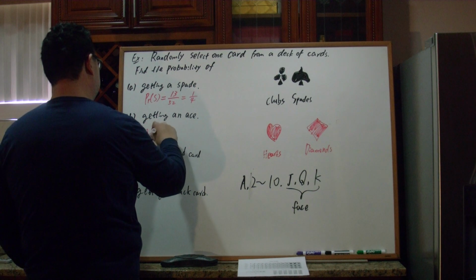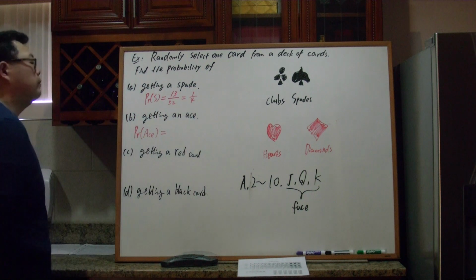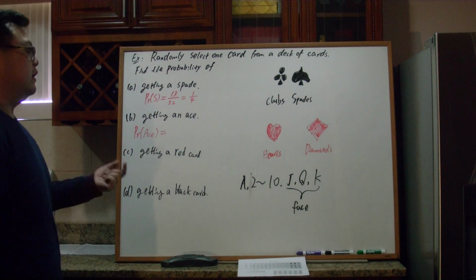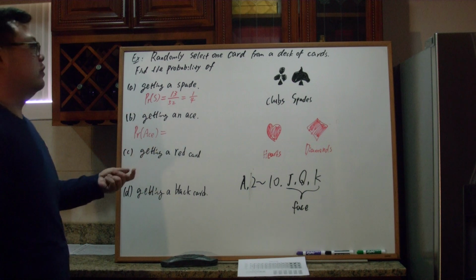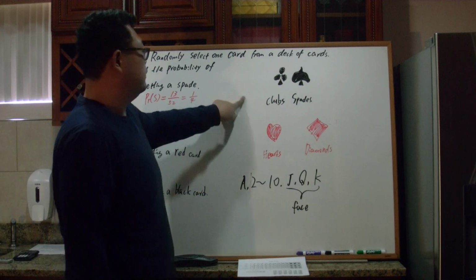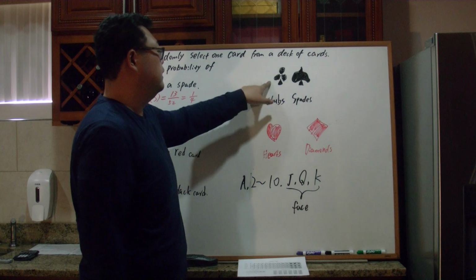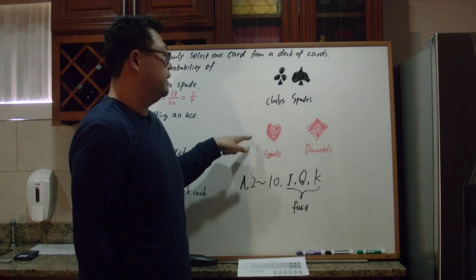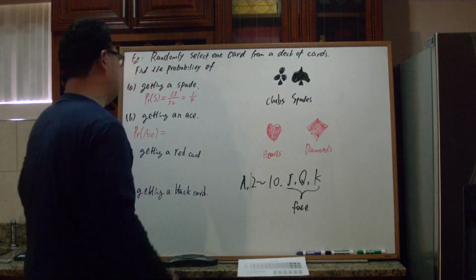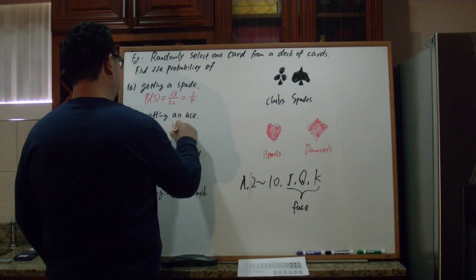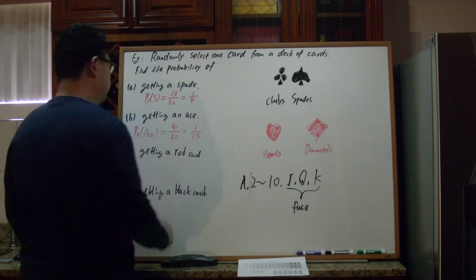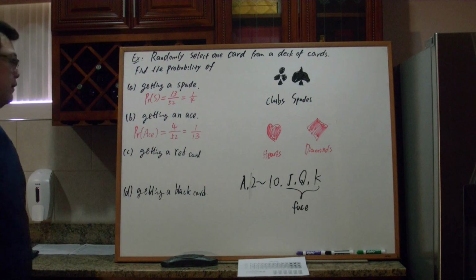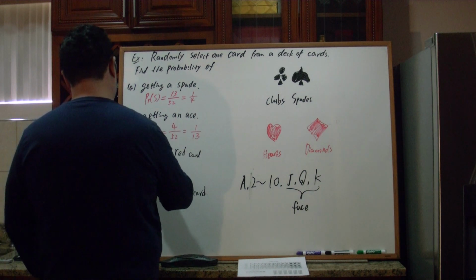To get an ace, the ace occurs in each suit, so 4 suits, therefore we have 4 aces: ace club, ace spade, ace heart, and ace diamond. That is 4 out of 52, which is 1/13. Probability of getting a red card.